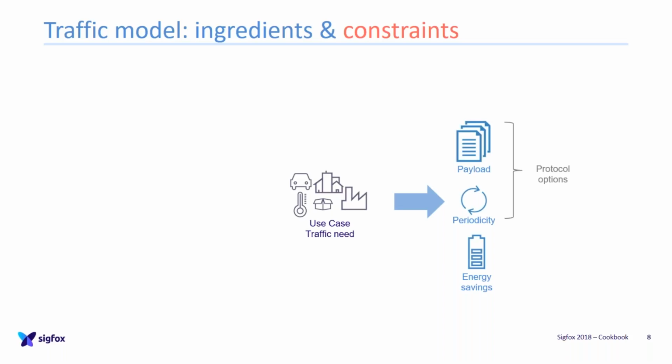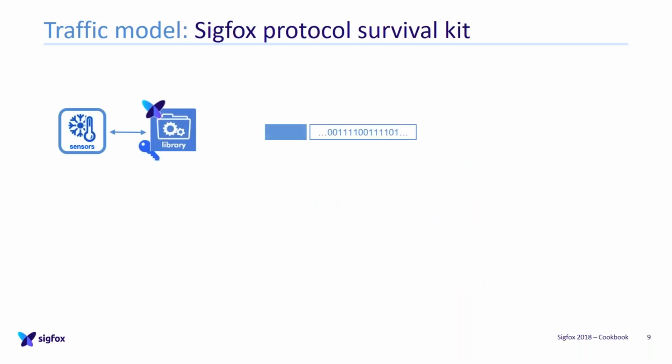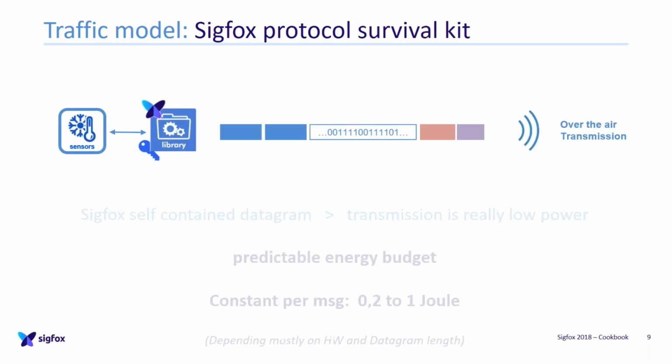And this has a great impact on energy saving. So the balance for the use case is the protocol options and the use case definition against the energy savings, knowing that there is a constraint, which is regulatory compliance.